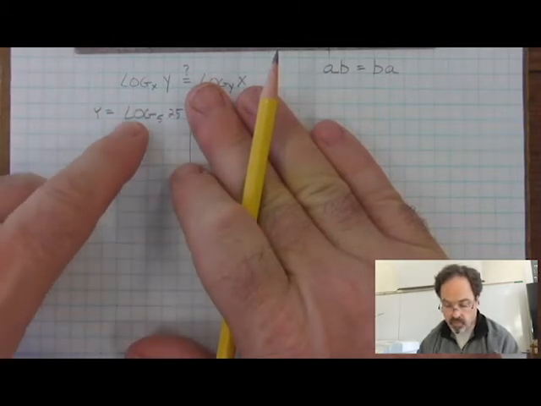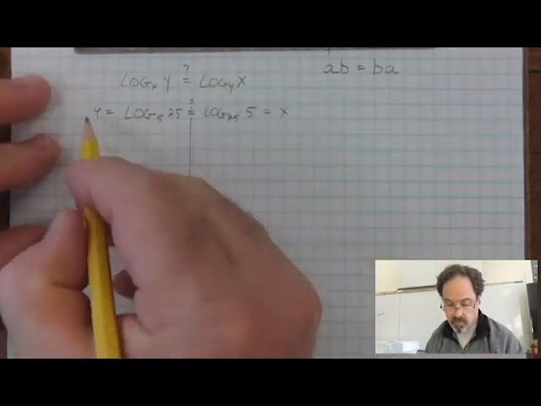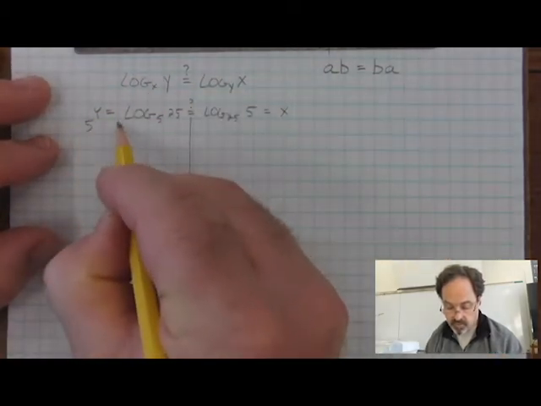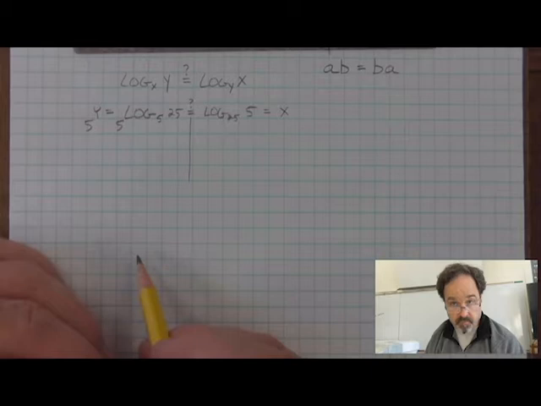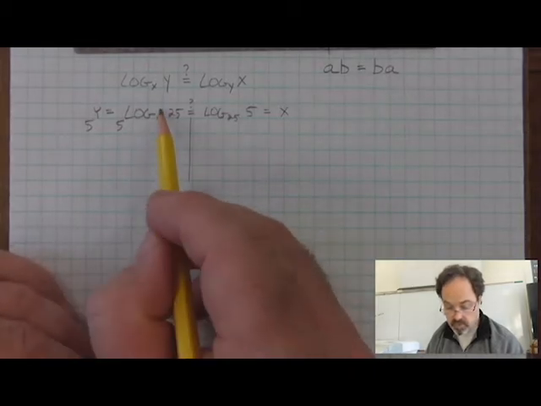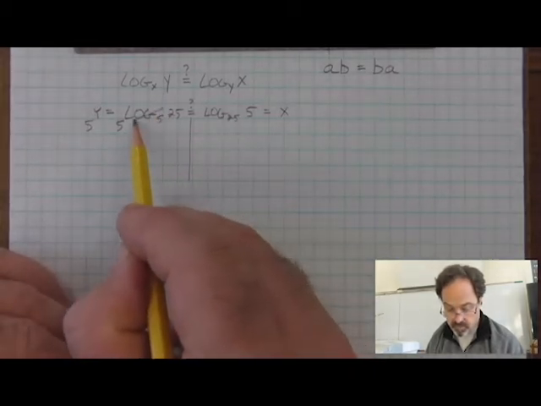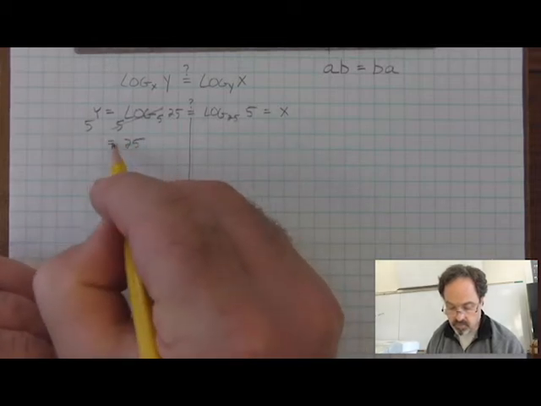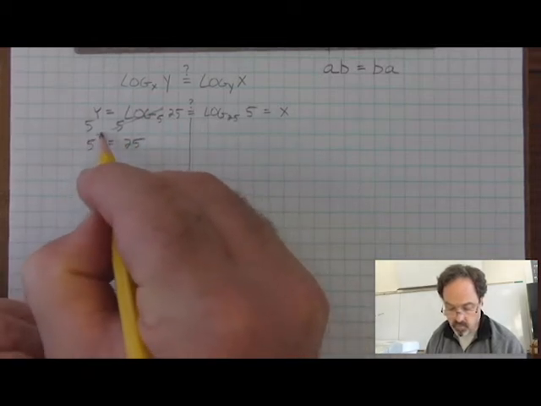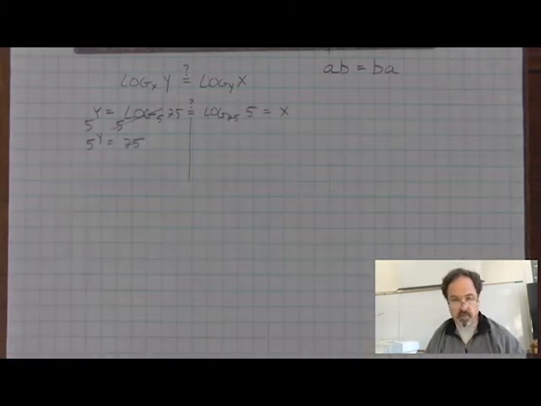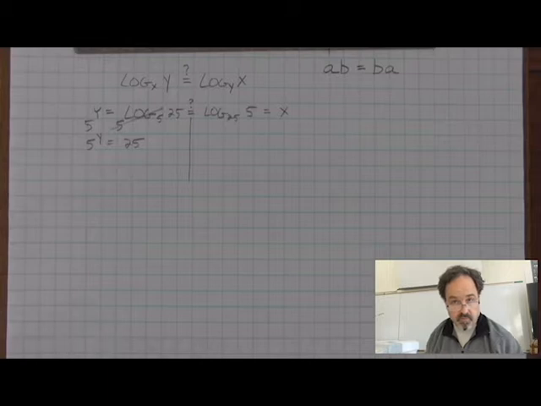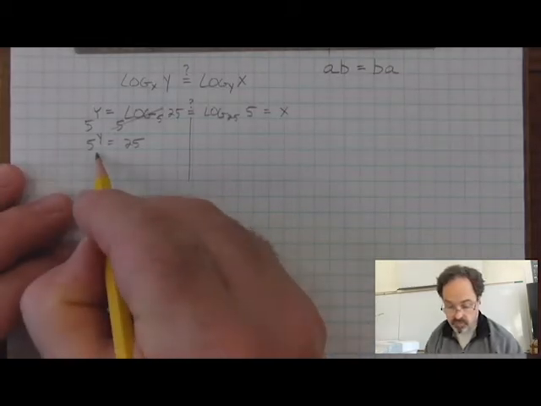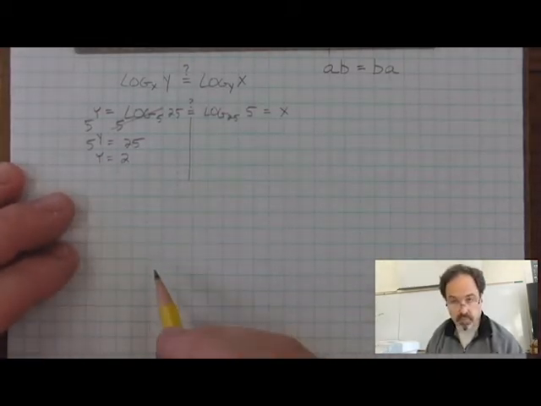How do I undo log base 5 with its inverse, power base 5? So I've made each side the power whose base is 5. That will cancel out the log base 5, leaving the 25 on this side. And on the left side, I have 5 to the y. And I can think, what power of 5 is equal to 25? 5 squared is equal to 25, so in this case, y is equal to 2.